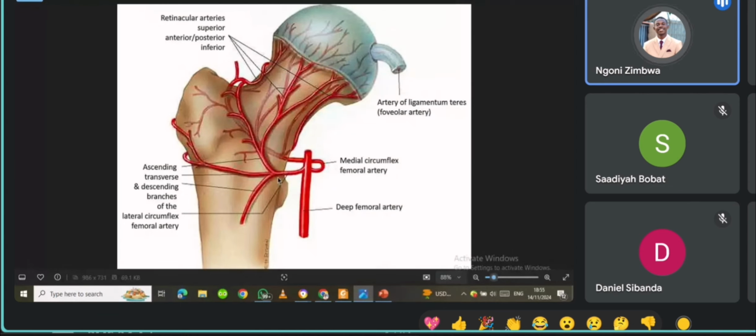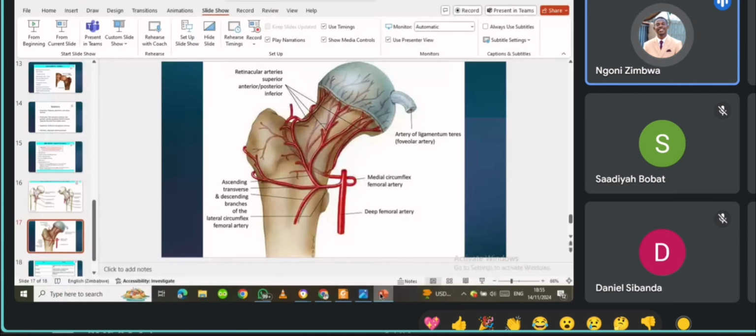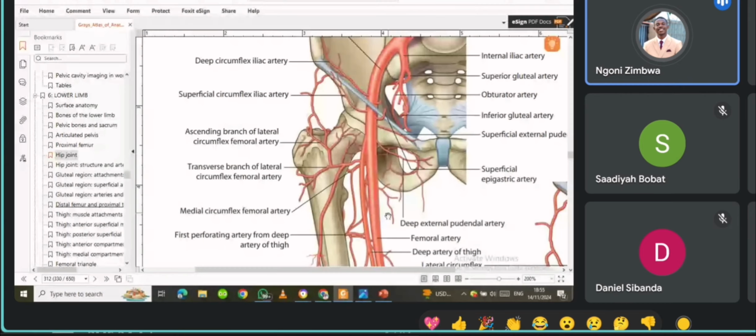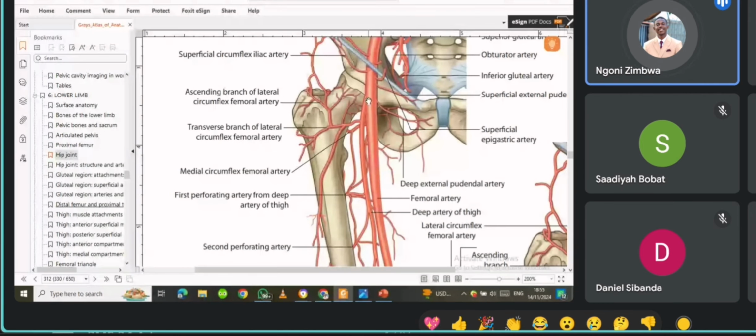Now let's go to the cruciate anastomosis. The cruciate anastomosis is also formed by four arteries. If you remember, this is my profunda femoris artery. We said the lateral circumflex femoral artery gives a transverse branch, as does the medial. Those transverse branches will form the cruciate anastomosis. Let's go.